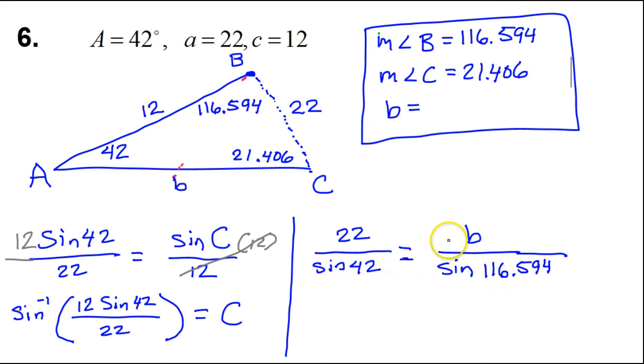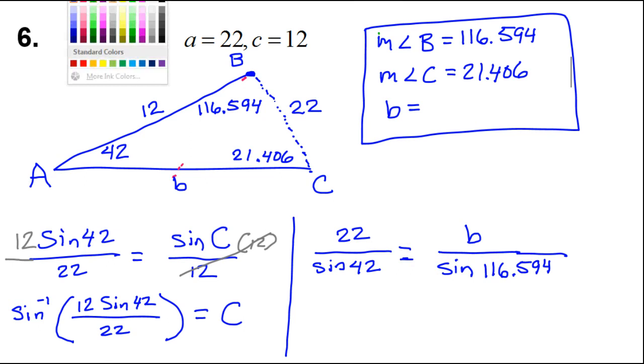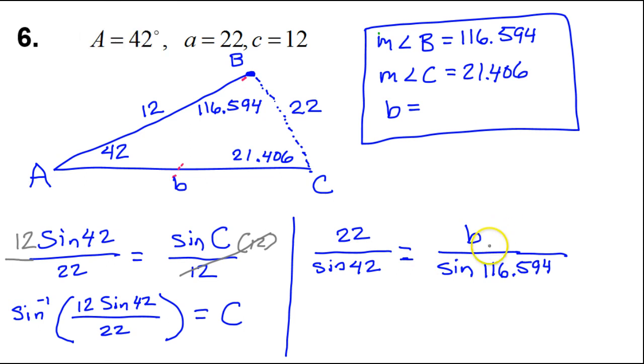So now I don't need to cross multiply, so it just saves me one step, that's all. So I can get B by itself by multiplying both sides by the sine of 116.594. Okay, so these will cancel out, and that will leave B. So I can just put this entire expression in my calculator, and that will give me side B.